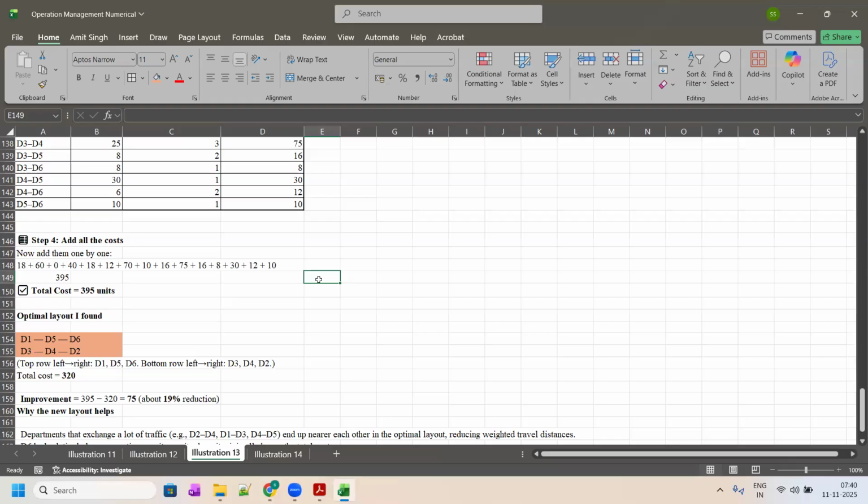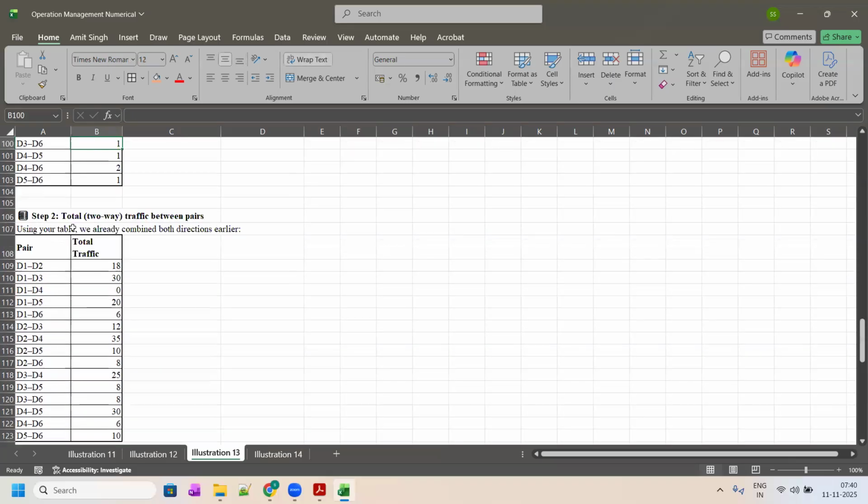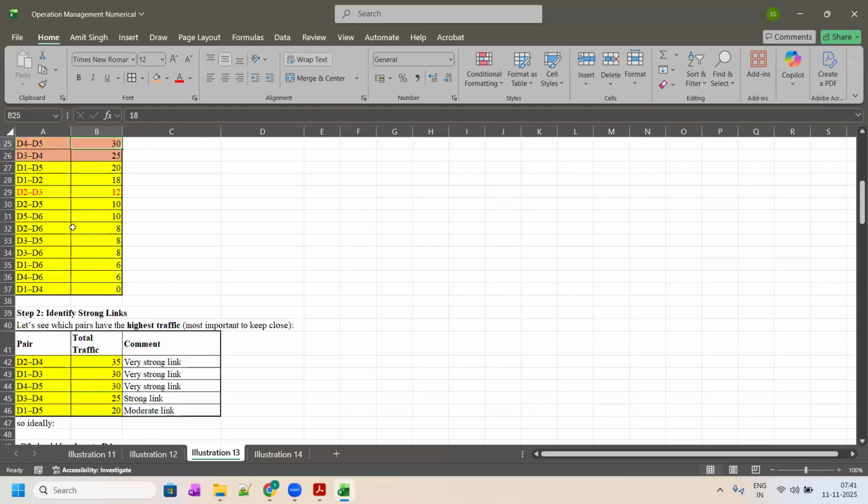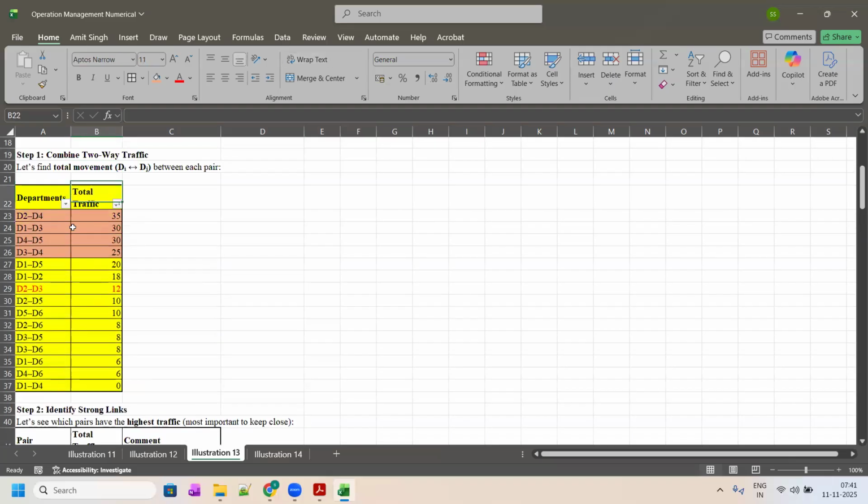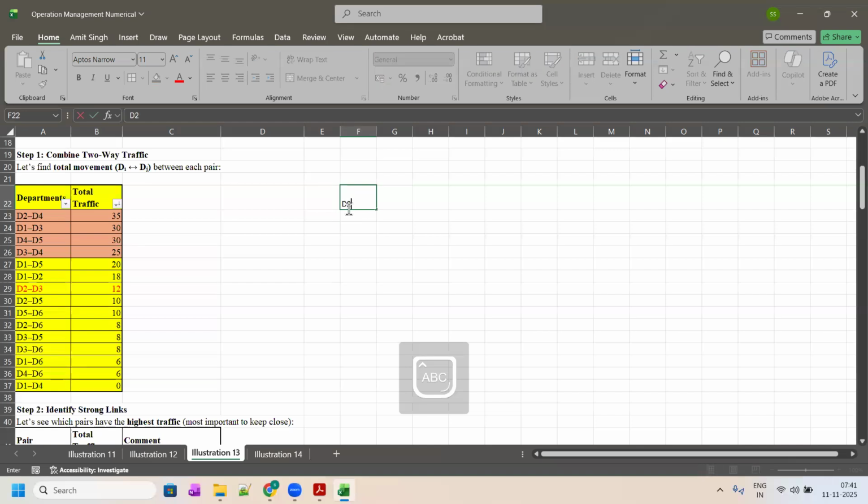What you can do is, because for some departments the traffic data is maximum, we'll try to bring them together, like D2 and D4, because the cost is high. Then from D4, anything connected?